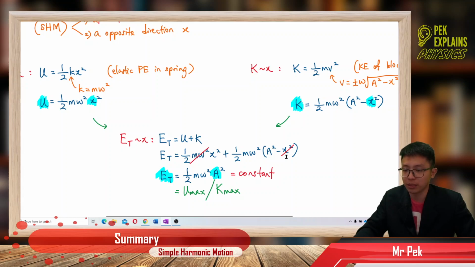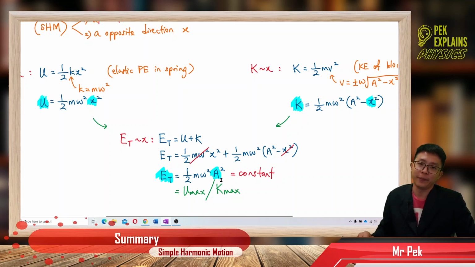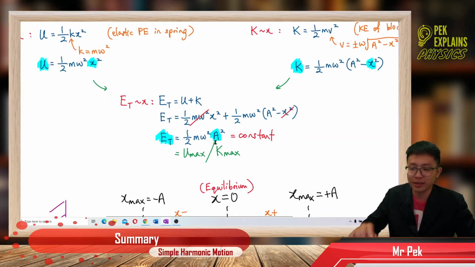That means these two can cancel out after expanding, because one is positive and one is negative. So at last, we get the total energy formula, which is equal to half m omega square A square. And this is a constant value.